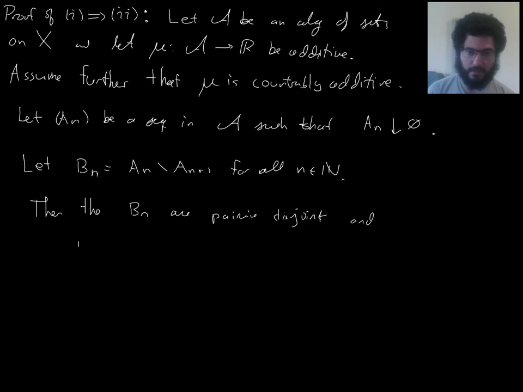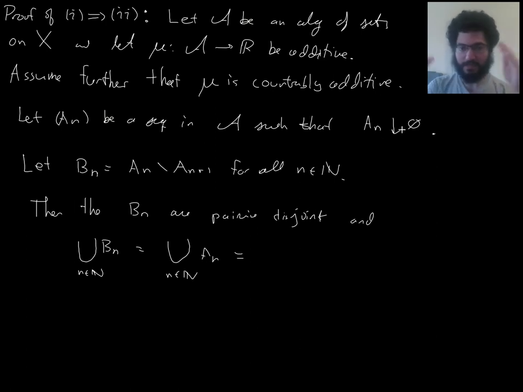And the union of the Bn's is the same as the union of the ANs. It's just less redundant as you take the union. And the union of the ANs, since the ANs are going down to the empty set, they're nested in such a way that they're all subsets of A1. So when you union all of them, you just get A1, right?